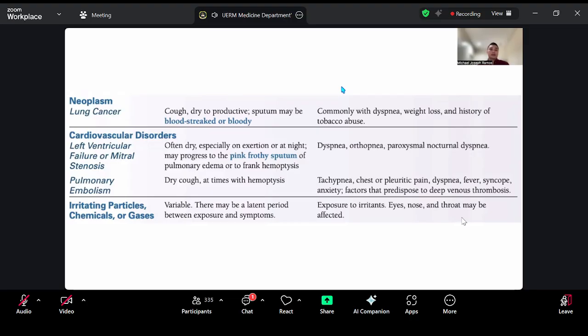And lastly, particulates in the air can cause cough, whether chemicals and gases in your house, school, workplaces, or around your neighborhood. And latency on the symptom onset can occur, meaning exposure in the morning can produce symptoms later in the afternoon or evening.